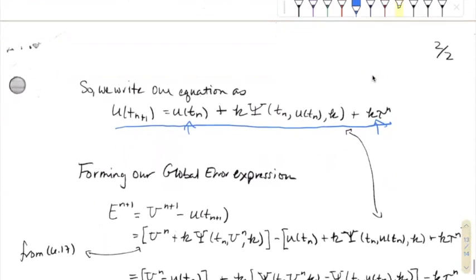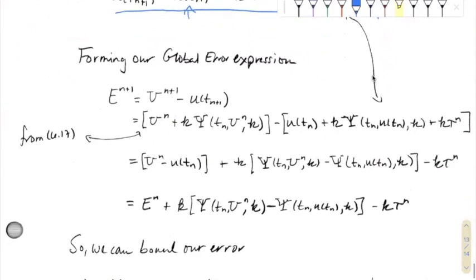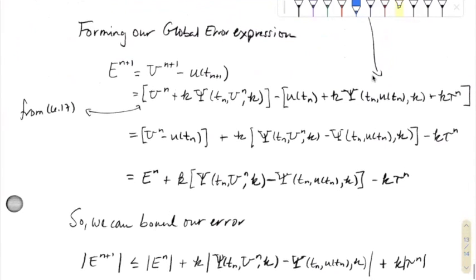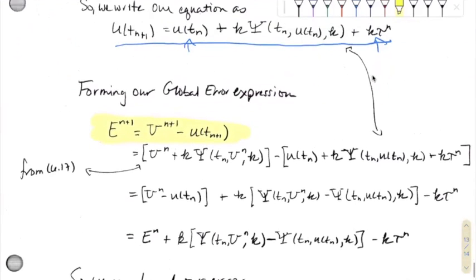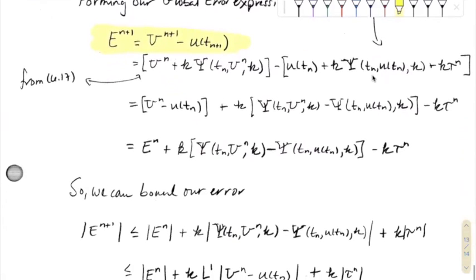Form your global error in the same way. So En plus 1 is really our approximation at time step Tn plus 1 minus the true solution at Tn plus 1. So we're still starting with the same definition. We plug in our expressions from 6.17 and from what we were doing above, and then we collect all of these terms.